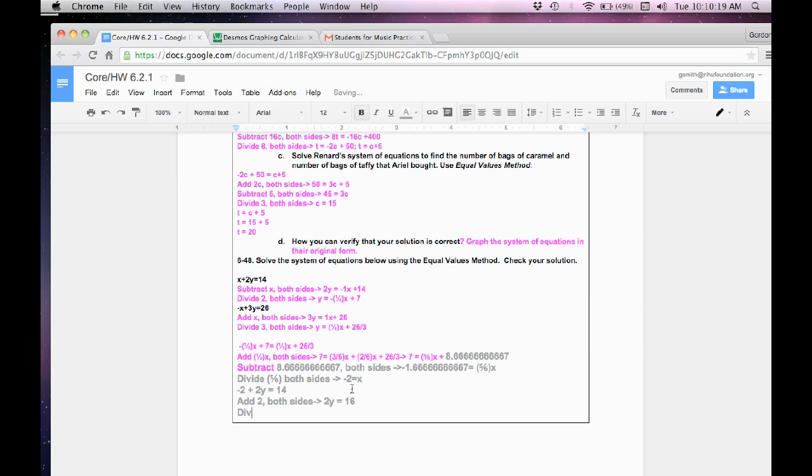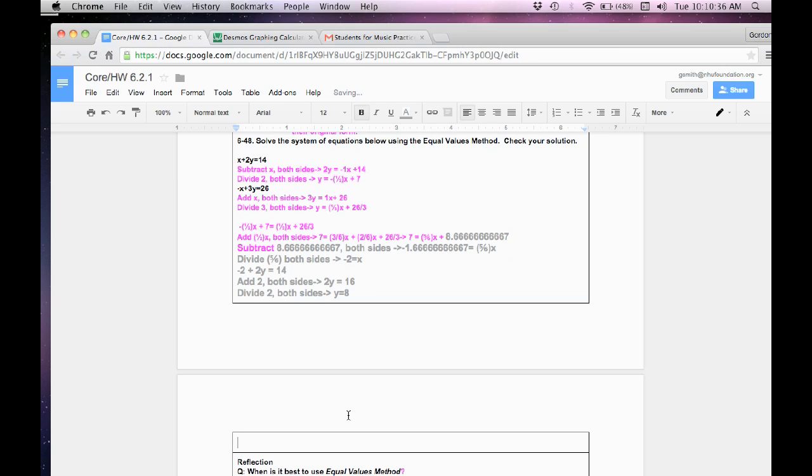We'll divide by 2. And that will get us y equals 8. So our solution through all this madness is x equals negative 2, y equals 8. So you can write solution is negative 2, comma 8.